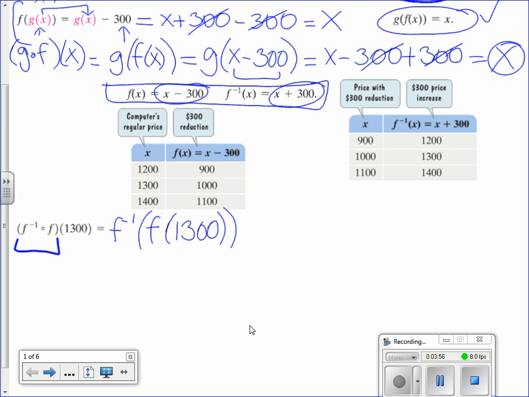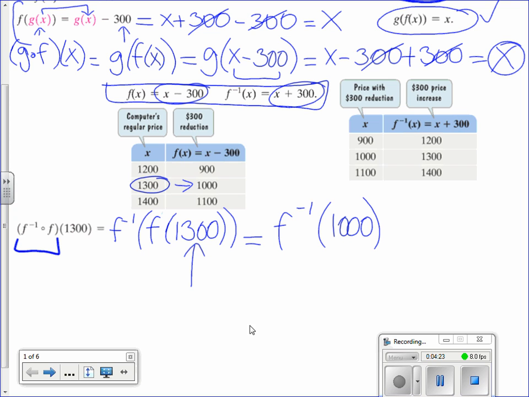So if we do function composition with inverse functions, the idea is that you should get the same thing you started with. If we start with x equals 1300, we're going to get 1300 also. Let's look at the table for function f. If x is equal to 1300, that will be the input, so the output will be 1000.